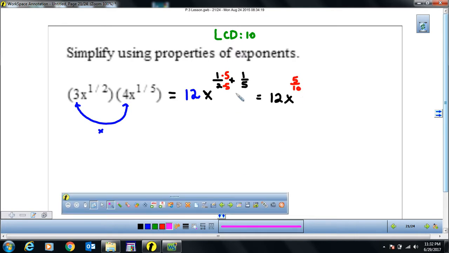To make this denominator a 10, I multiply by 2 and do the same to the numerator, so that would be plus 2/10. Combining those two exponents, 5/10 plus 2/10 gives me 12x to the 7/10, and this is the solution for this product rule.